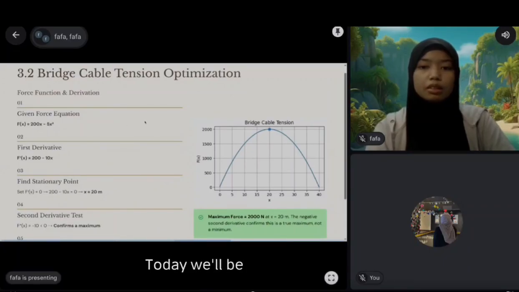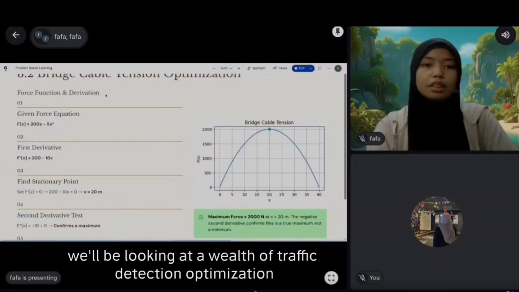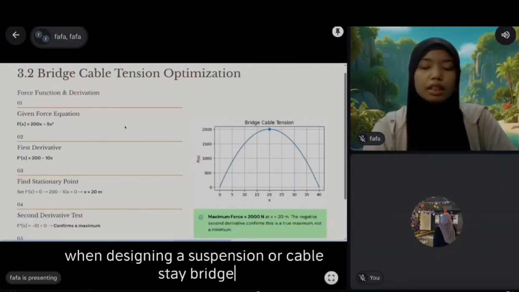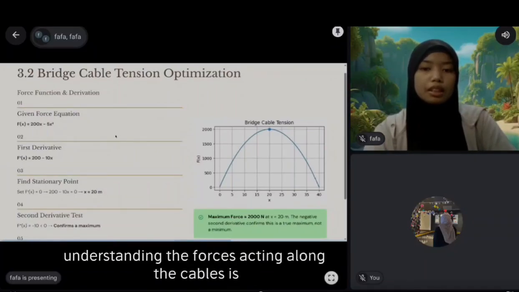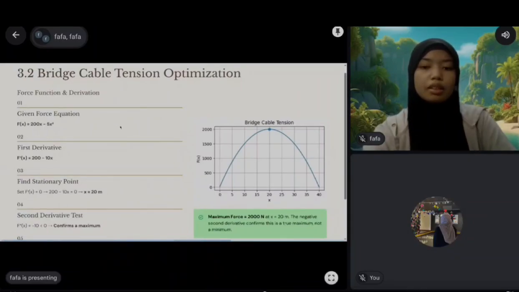Today, we'll look at bridge cable optimization. When designing a suspension bridge cable, understanding the forces acting along the cables is absolutely critical for safety and efficiency.